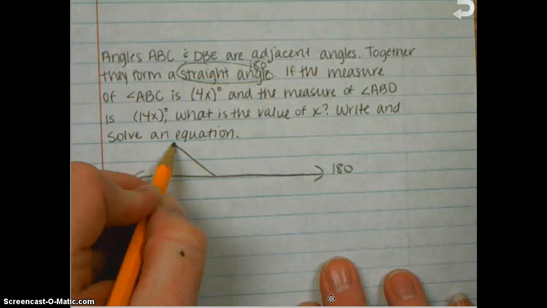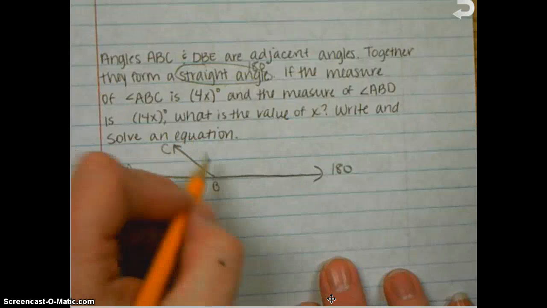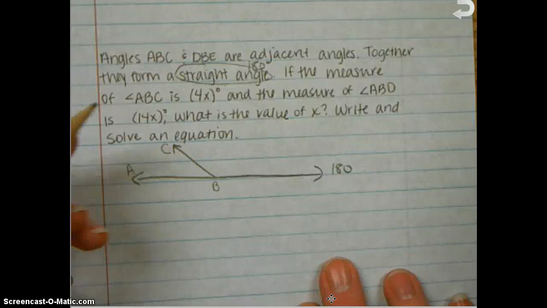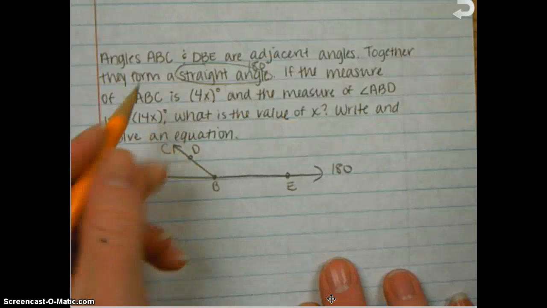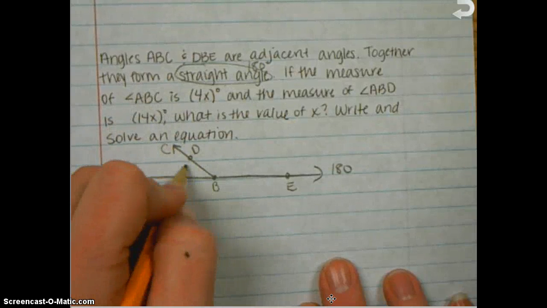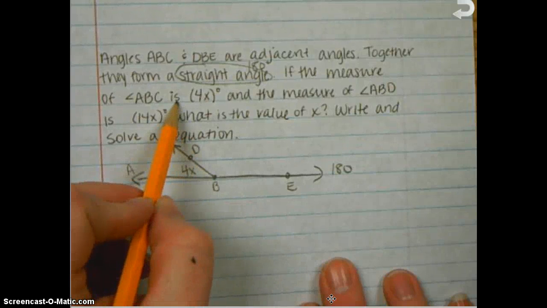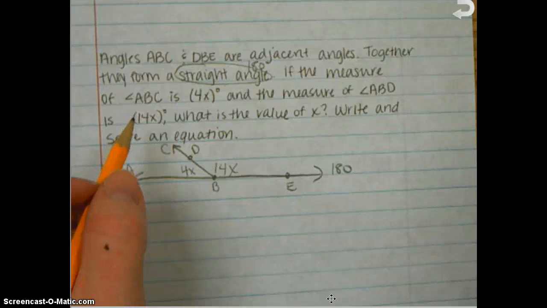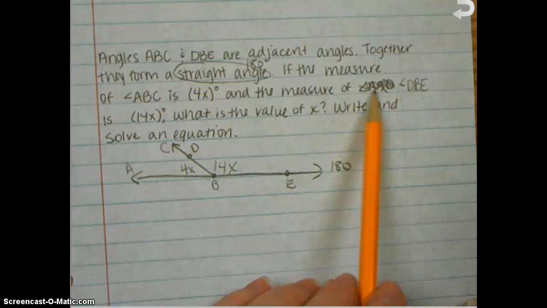So I'm just going to assume that this is A, B, and C, and then we have D, B, and E. So let's say this is D, B, there's E. So ABC is 4x, and this one over here is 14x. Sorry, I realized I made a mistake there on the angle DBE, not ABD over here.